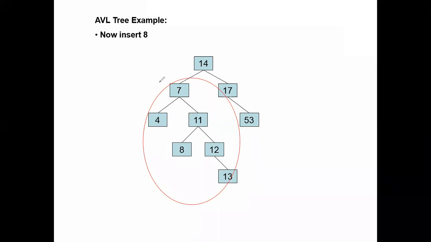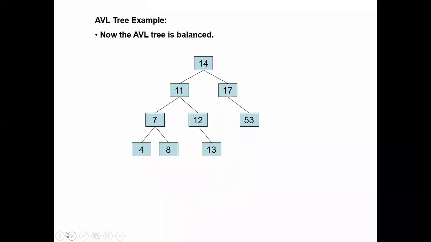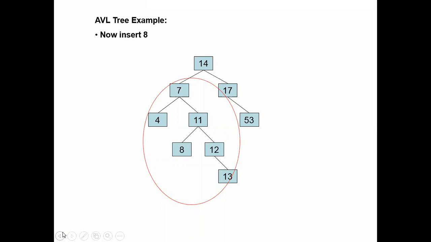So the balance factor is minus 2 only, so again it's imbalanced. For that purpose you have to think how we are going to rotate it. Balancing height means we have to reduce the height here. Just check here, previously it should be like this. So what operation will we perform here?